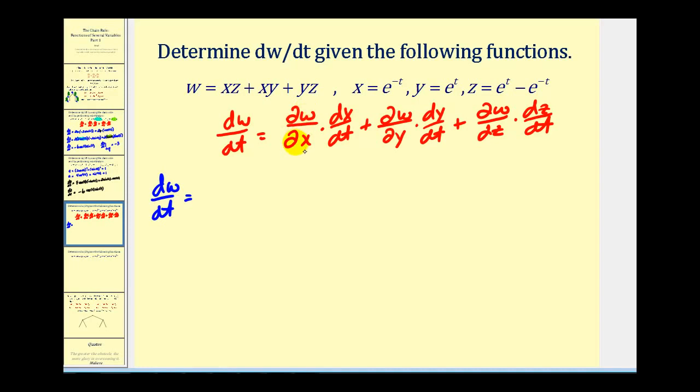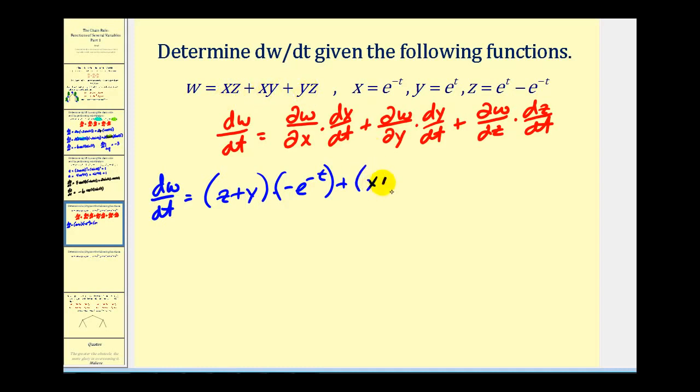So the partial derivative of w with respect to x, treating y and z as constants, we'll have z plus y plus 0, or z plus y, times dx/dt. Be careful here, u is going to be negative t, so we'll have e to the negative t times negative 1, or negative e to the negative t, plus the partial of w with respect to y. This would be 0, this would be x, and this would be z.